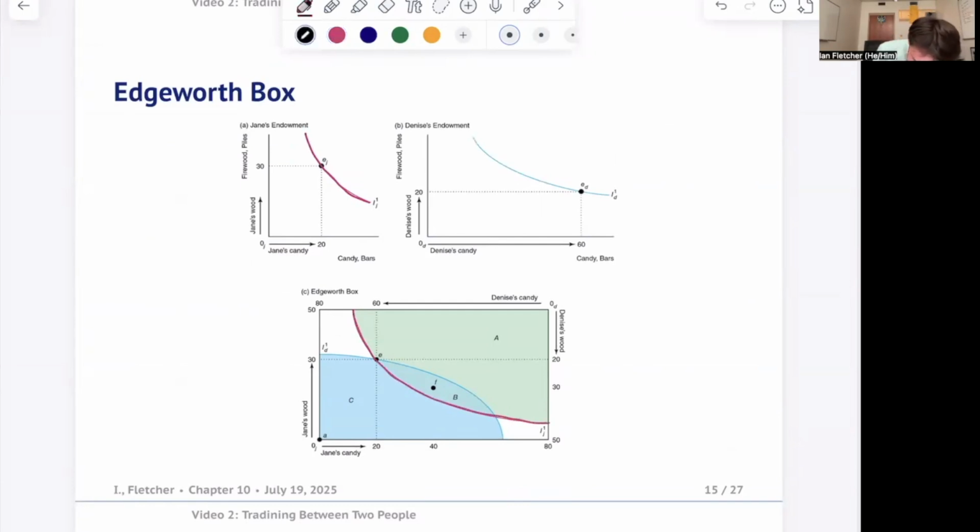If you notice, this 80 and this 80 are the total supply of candy bars, because we've got 60 plus 80. Similarly, we have 50 and 50 bundles of firewood.